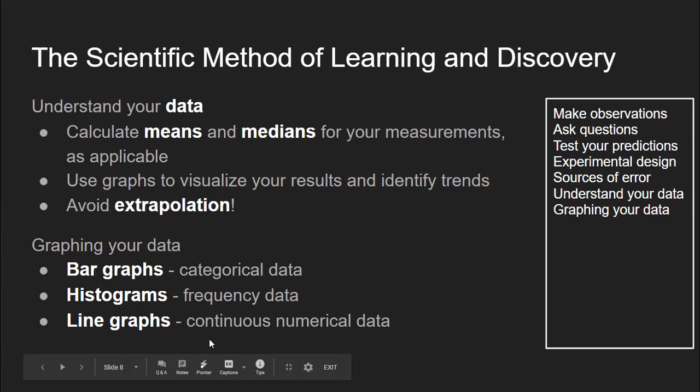But a continuous number is one that can be a fraction, can be a decimal. So things like how much something weighs, how tall something is, how long something is, how fast something is, speed, acceleration, temperature, all of these values are continuous values. And you're going to have two of those values that you're comparing. It's some kind of relationship, like a relationship between height and weight, or a relationship between temperature and time.